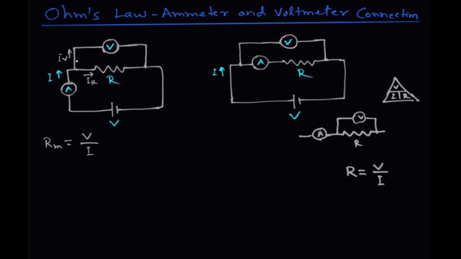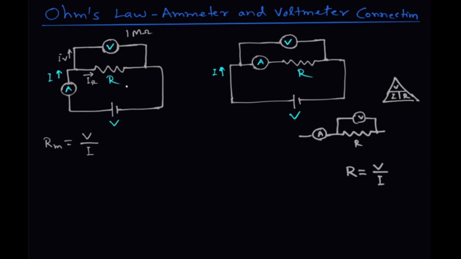Now this I_V is usually very small, because the voltmeter has very high resistance, usually of the order of some mega ohm. Let it be 1 mega ohm for our example.